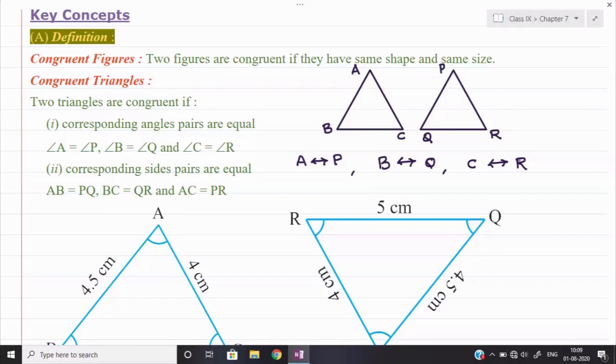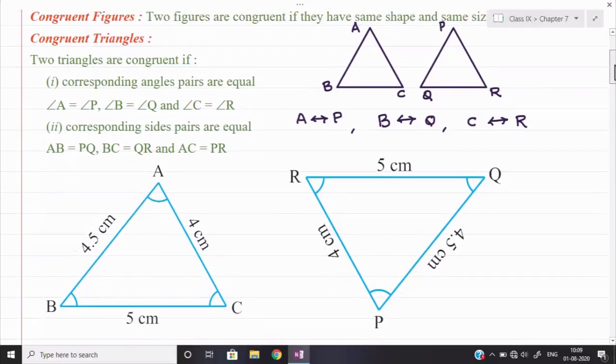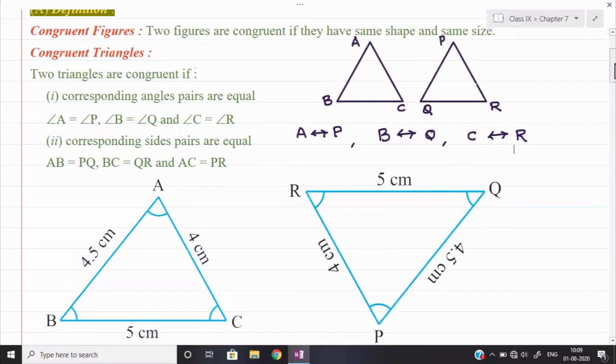So observe the figure below, because I made this figure a little differently, so you do not find the corresponding pairs of angles or sides easily. So observe angle A and angle P, because here they did not mark that these two angles are equal. Suppose I mark this angle and this angle as equal. Similarly, if I mark angle B and angle Q equal, and in the same way angle C and angle R equal.